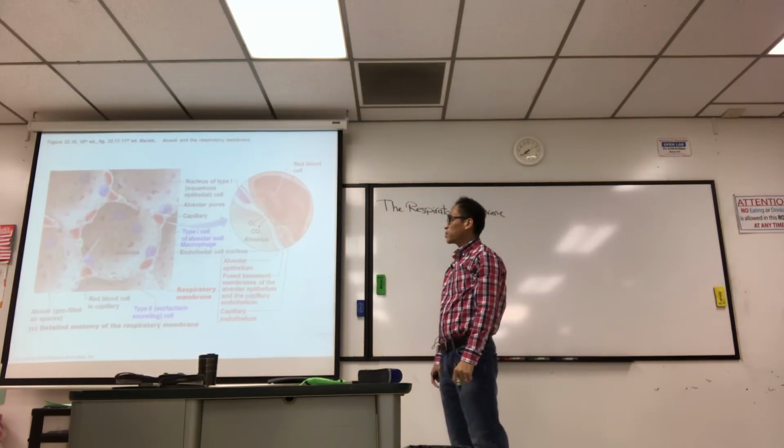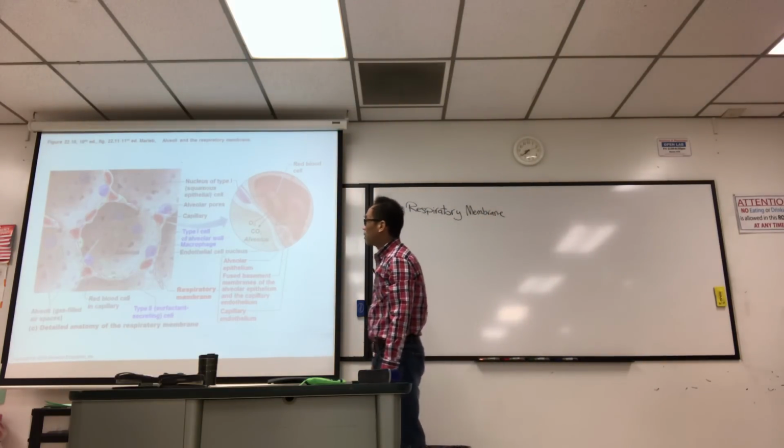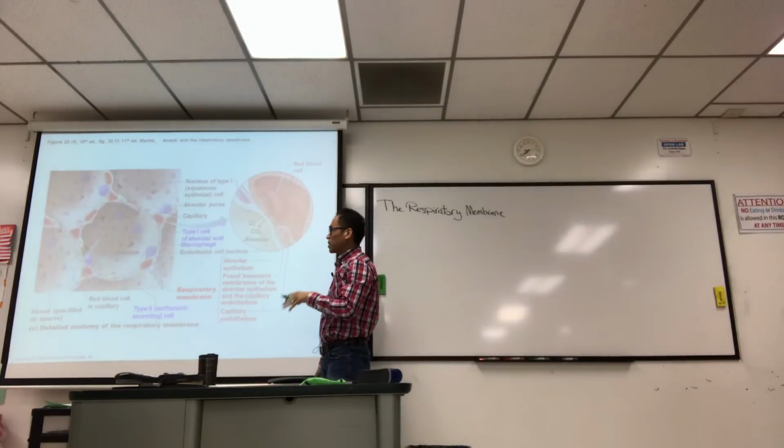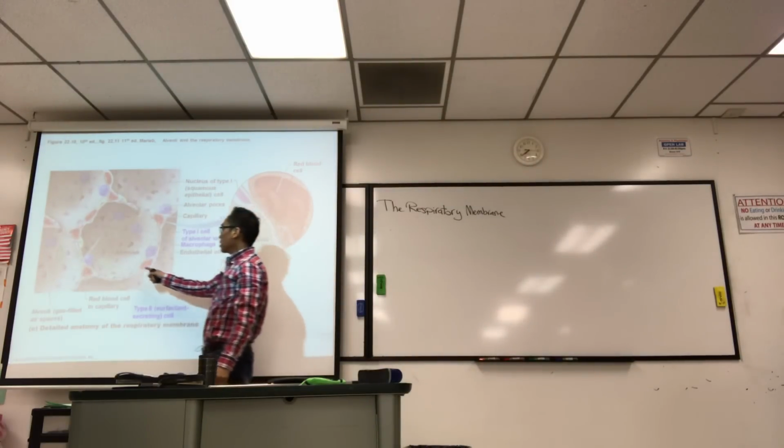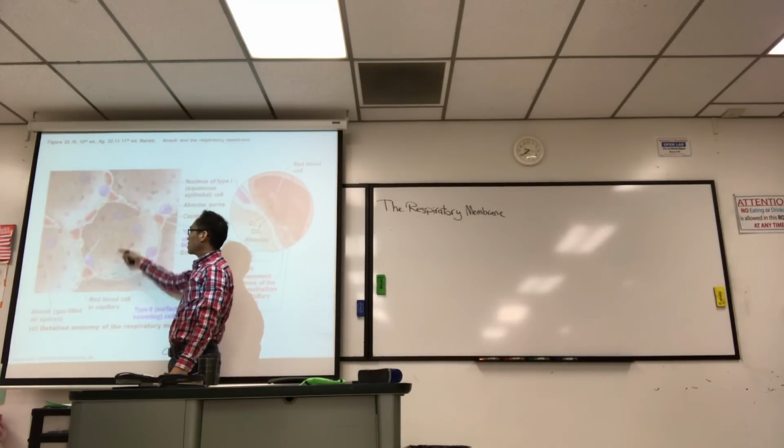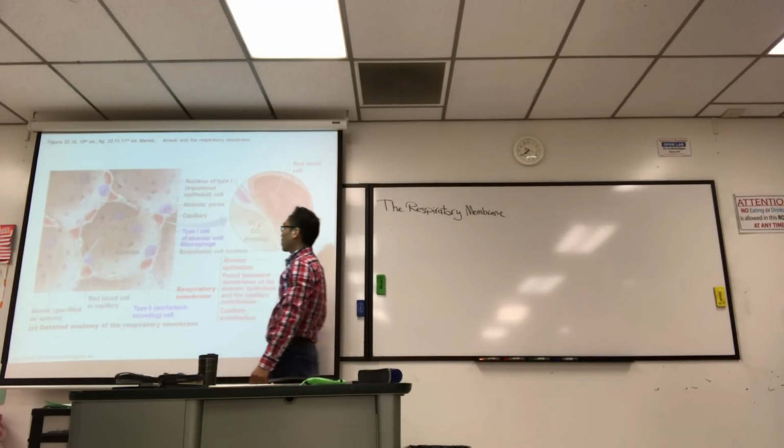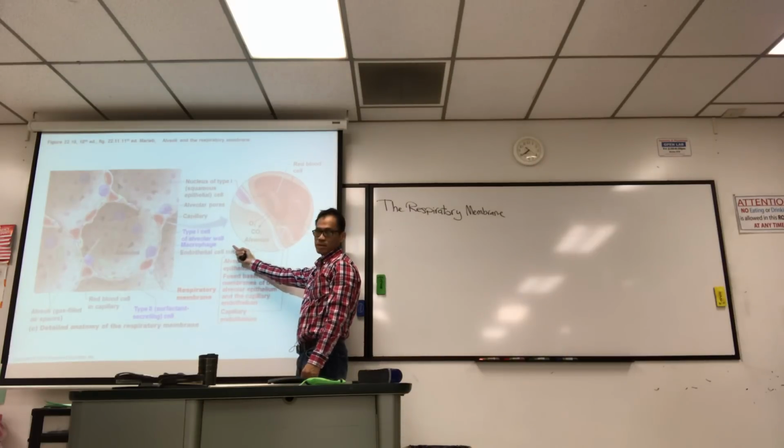We've got the two cells. The main cell that makes the alveolar wall is a simple squamous epithelial cell, and it's called just a type 1 cell.